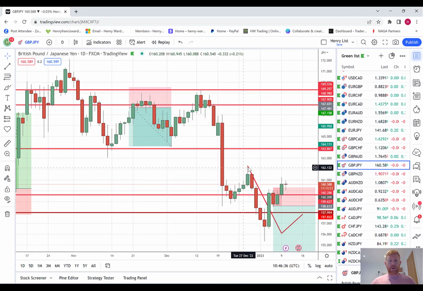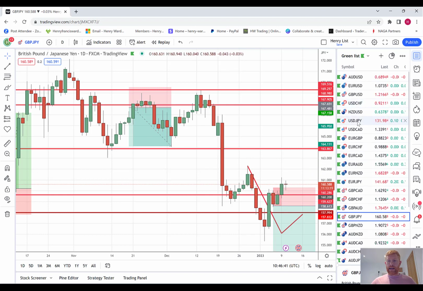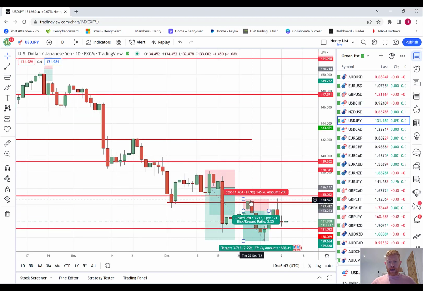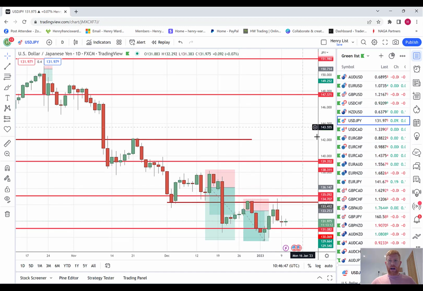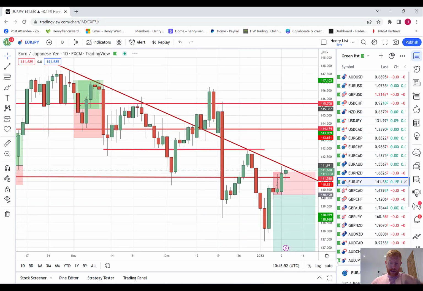GBP JPY, look, is still a lower low. And lastly, USD JPY. And look, it's a double top, so it's level. So out of all those so far, and then onto the EURJPY, the one that we're looking at, it's still a lower low.